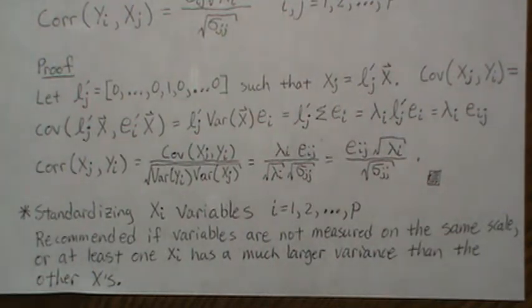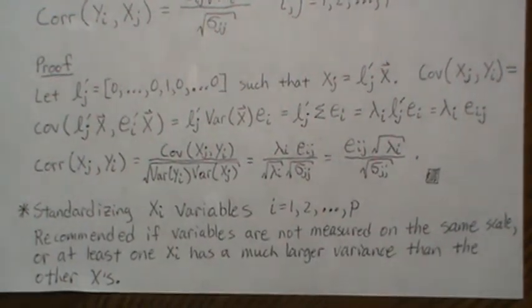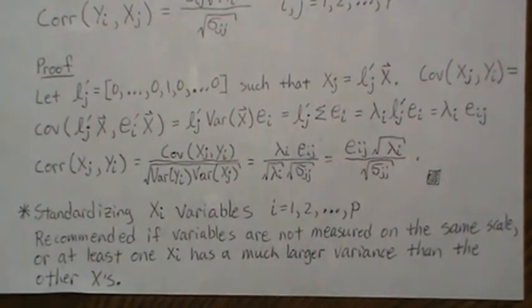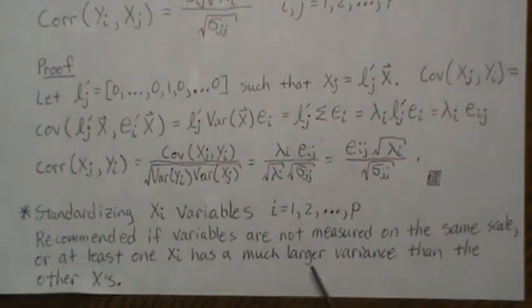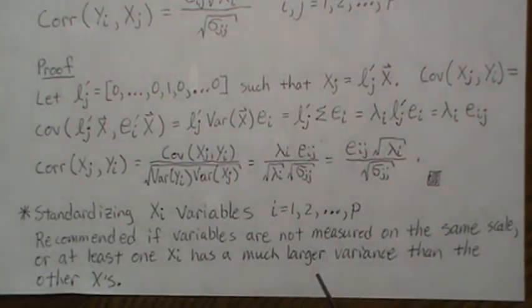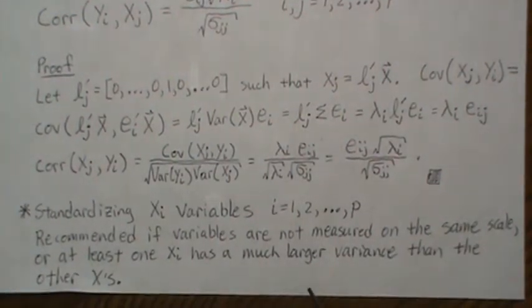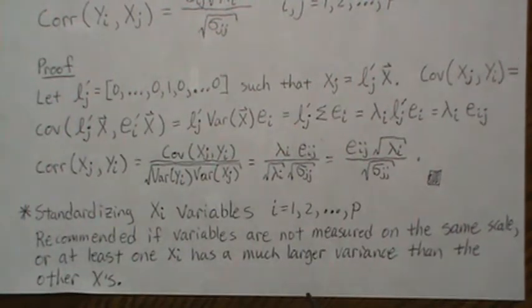So what you do is you standardize the variables, your x's, and then you run principal components on those standardized variables. And in the same way, if one of the variances is much larger, so say all your variances are around 1 or 2, and then your 10th variable has a variance of 100, well, that variable is going to dominate the variance associated with all your data.